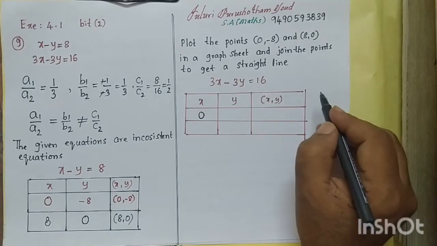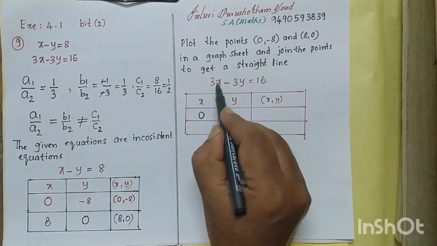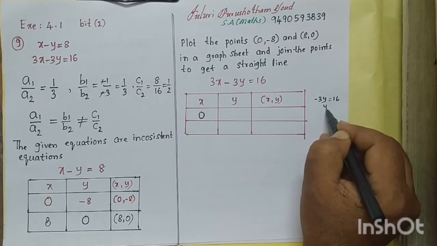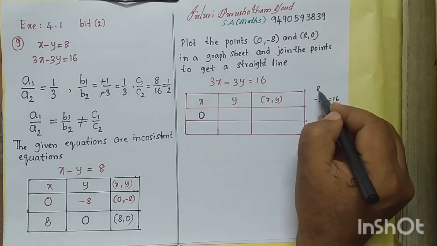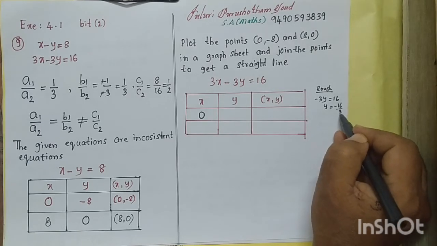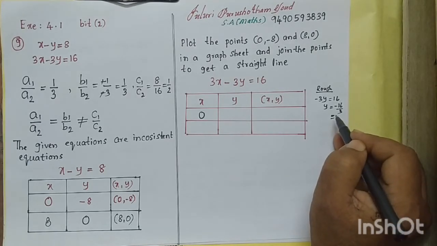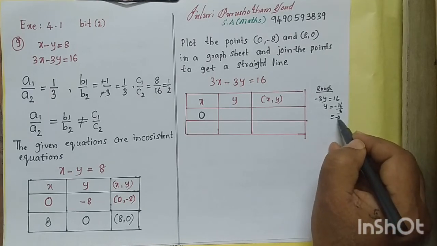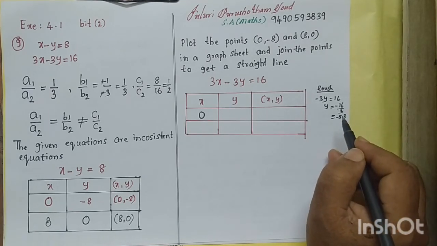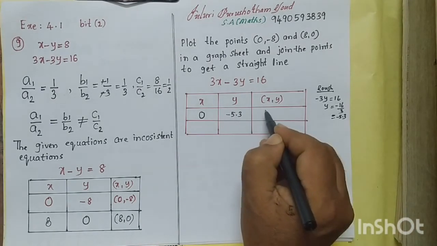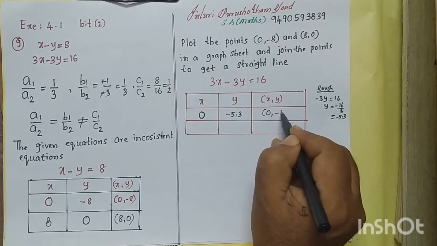In rough work, 3 into 0 is 0, the remaining is minus 3y is equal to 16, then y is equal to minus 16 by 3. When I divide 16 by 3, we get approximately minus 5.3. So if I substitute 0, we get minus 5.3.